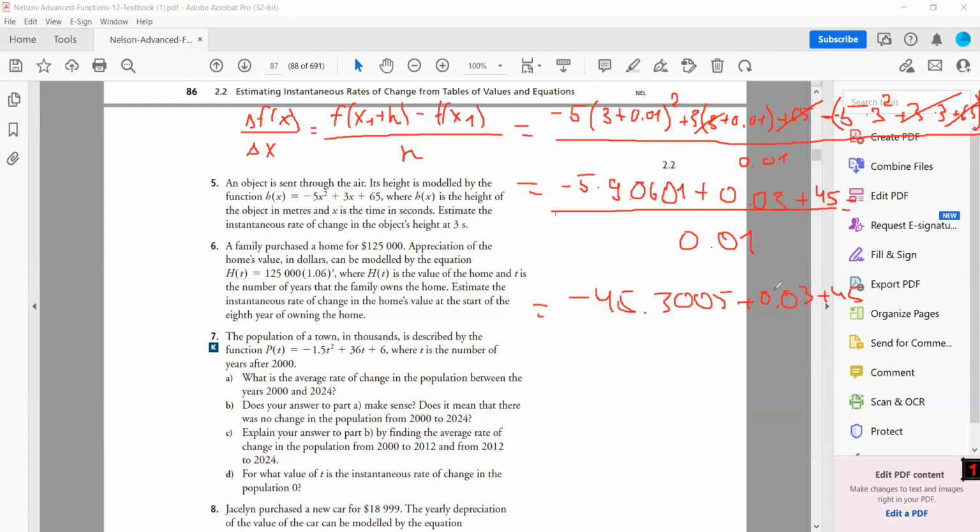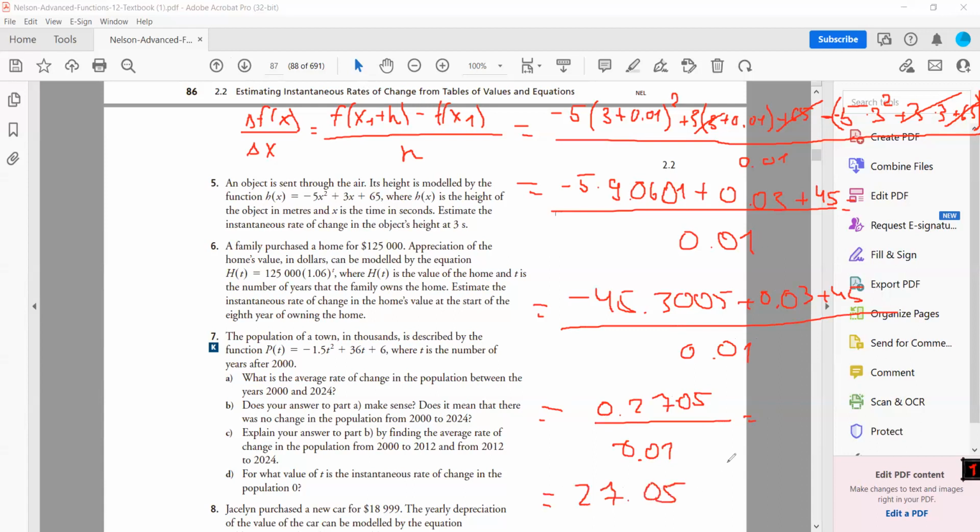And the difference would be 0.2705 divided by 0.01. Now we have to evaluate it. It would be 27.05. This is my estimate, where it's meters per second.